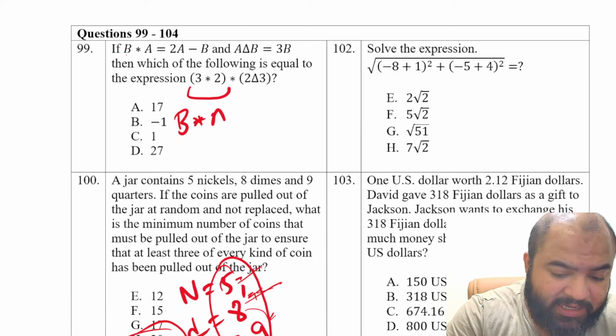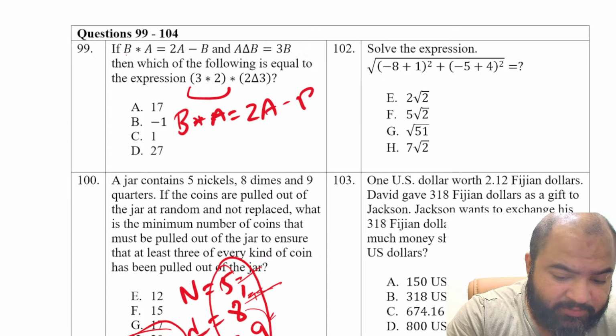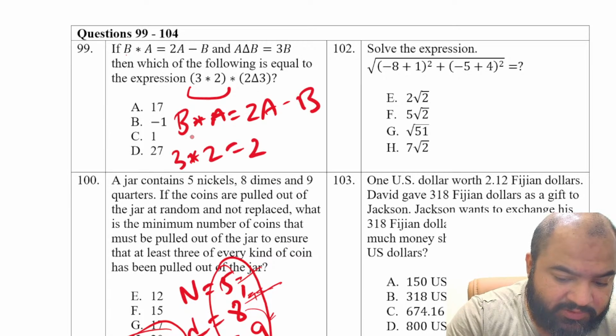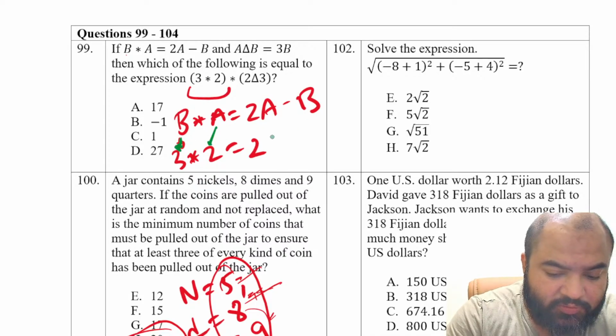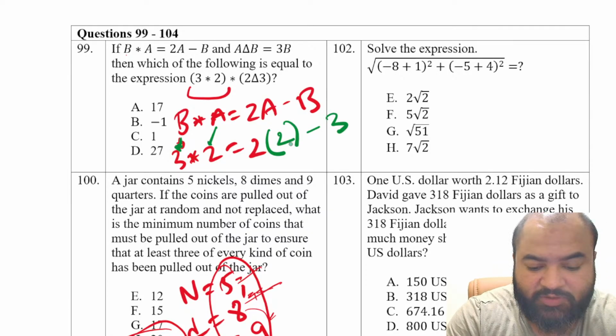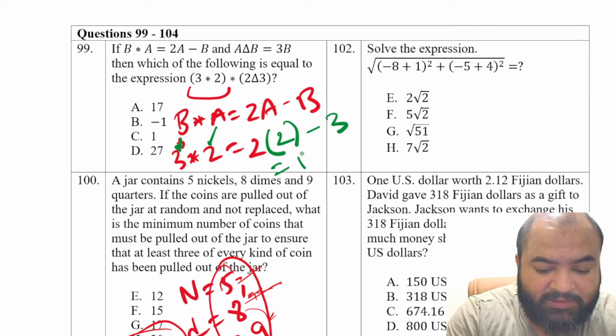So B star A is 2A minus B. So 3 star 2 means 2 times A, which is 2, minus B, which is 3. Just plug in. So 4 minus 3, 1.